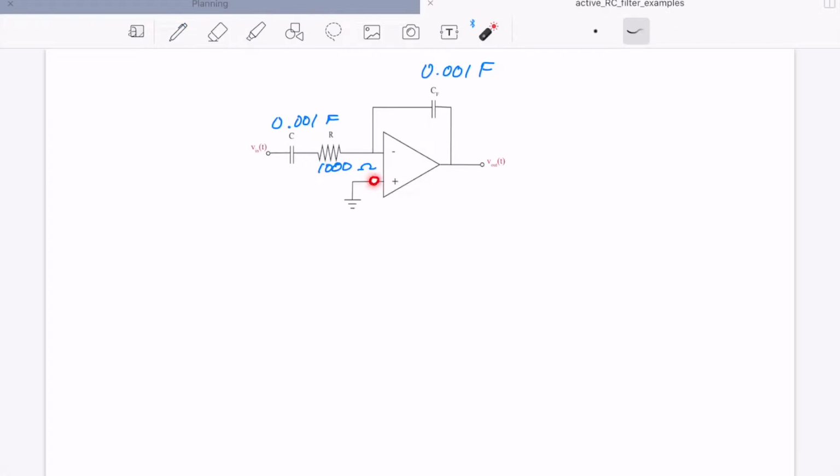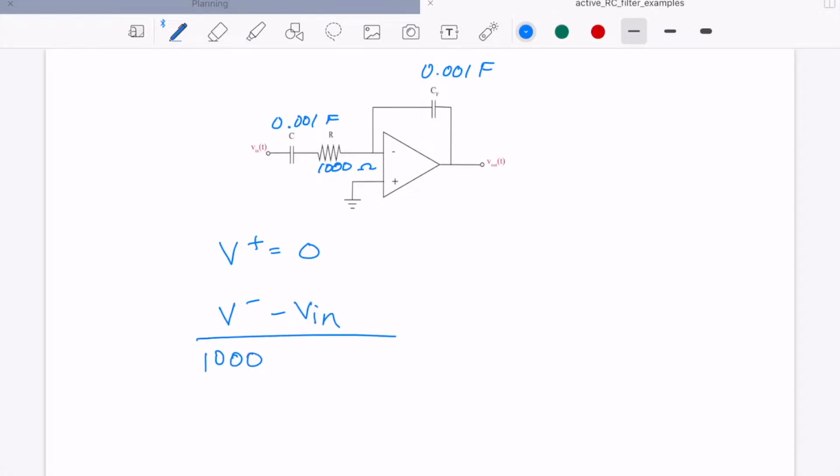Again, we're going to start with V plus, and we can read very straightforwardly that V plus is ground, so that's 0. Then we'll do a nodal equation at the minus terminal. We have V minus minus Vn over the series combination of 1000, which is the resistor, plus 1 over S times 0.001.